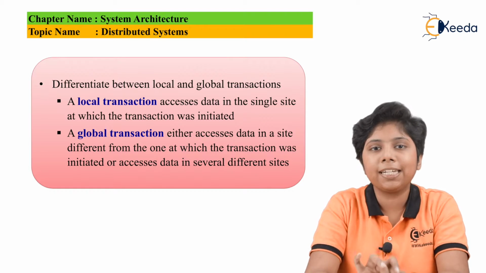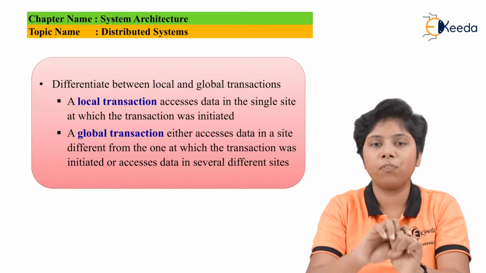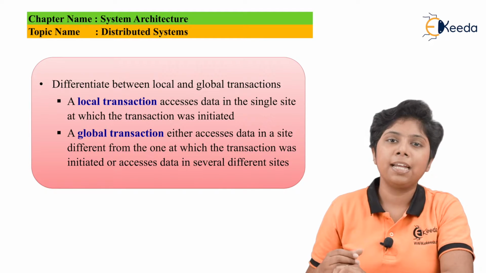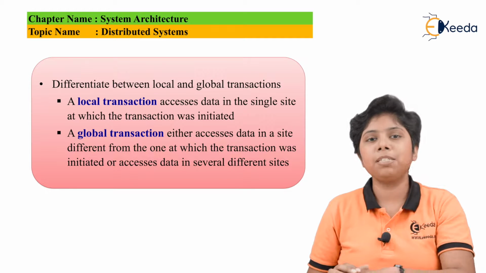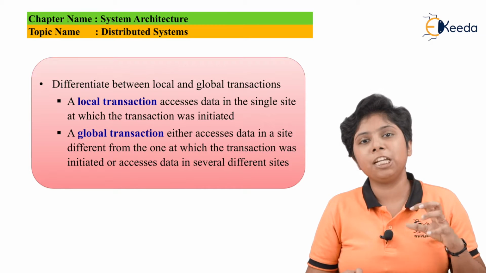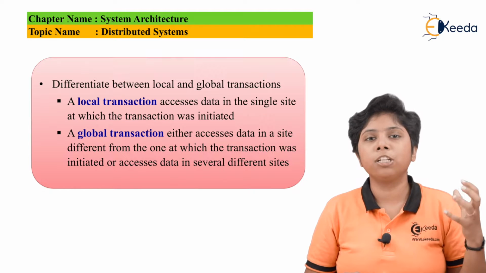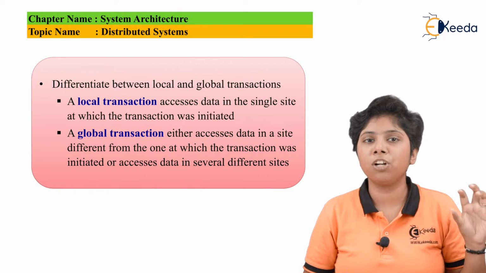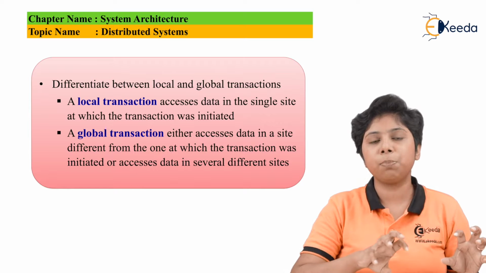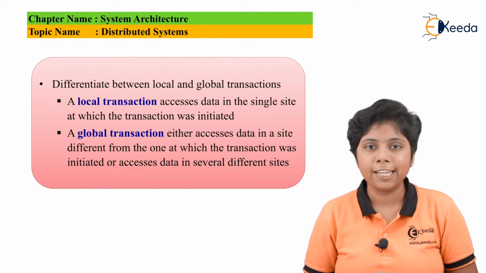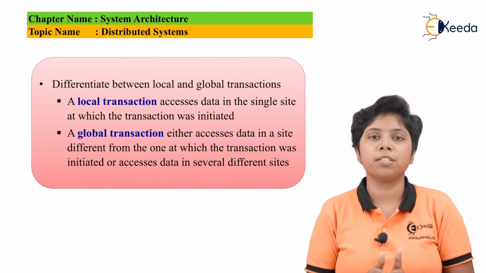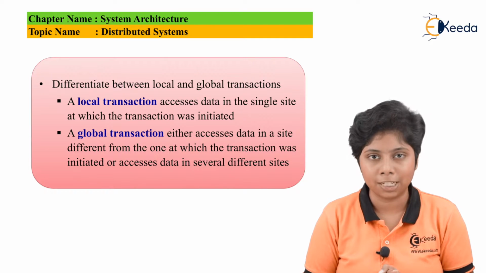When it is connected through a virtual network with nodes at other sites, we call that a global transaction. For example, when transaction A is initiated at a site and a particular node, and it is performed at site B on a particular node C, we say this type of transaction is a global transaction.